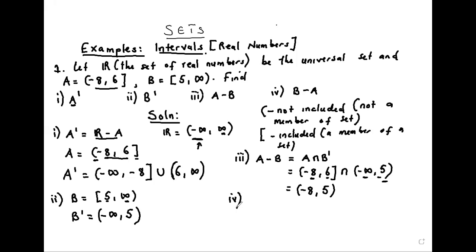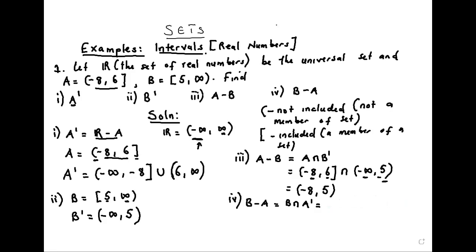The fourth one, B minus A, is the same thing as B intersection A complement. B is 5 to positive infinity. A complement is negative infinity all the way up to negative 8, union 6 to positive infinity. So I need space there.